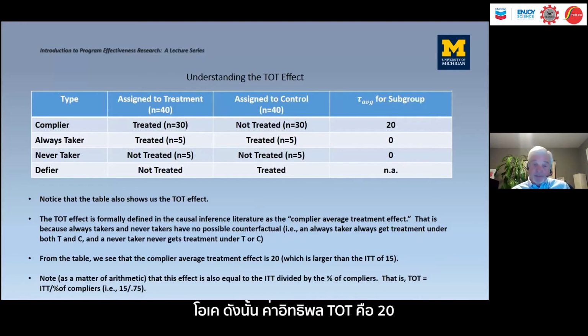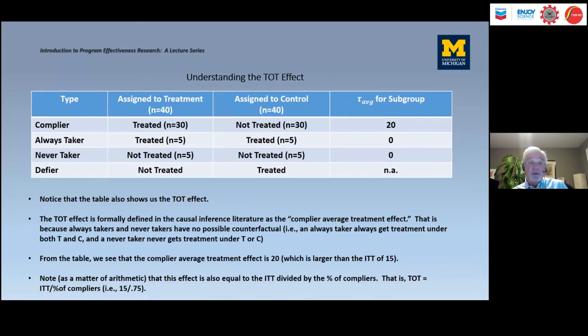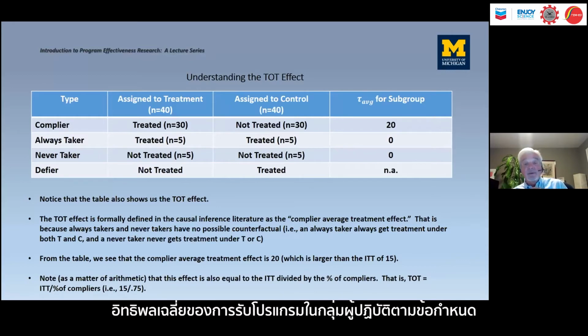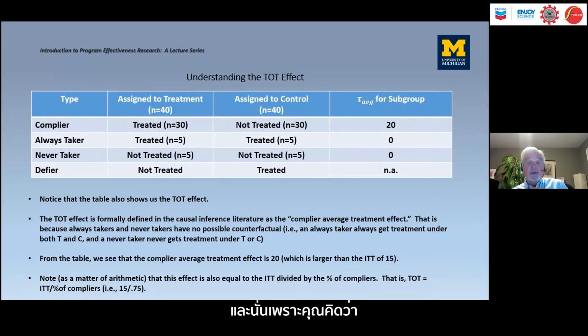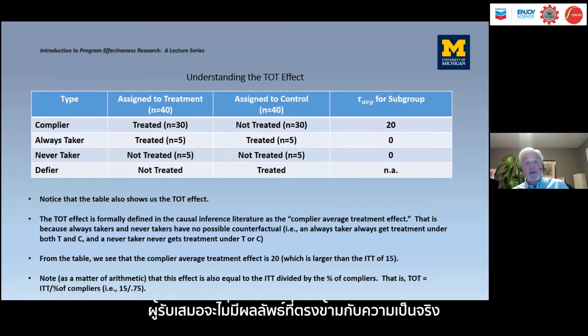Okay, so the TOT effect, again, is 20 and is defined formally only for the very first row of the table, the complier average treatment effect. That's because, if you think about it from the potential outcomes framework, the always takers have no counterfactual. They are always treated.